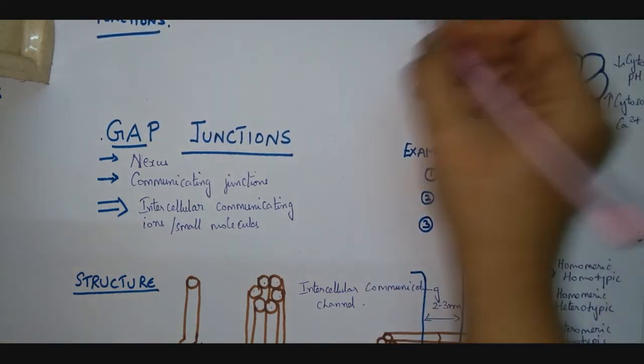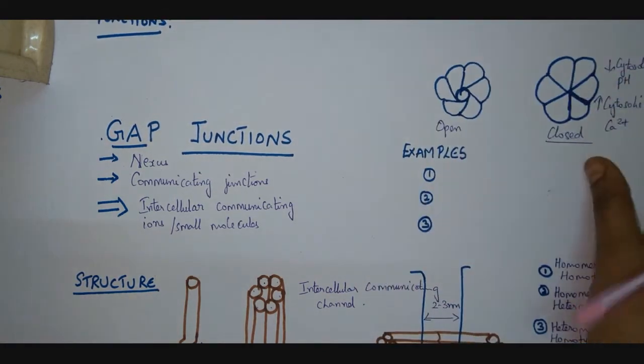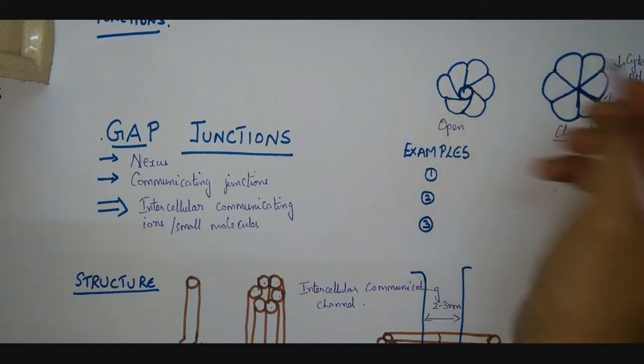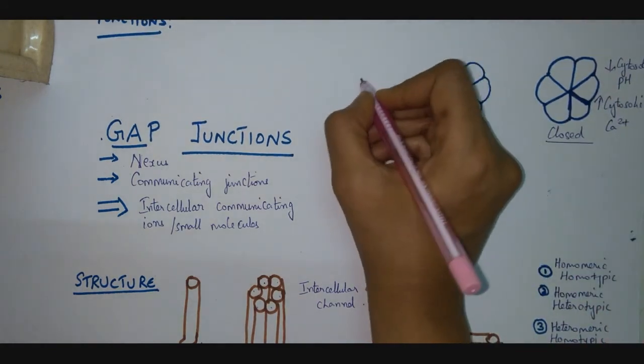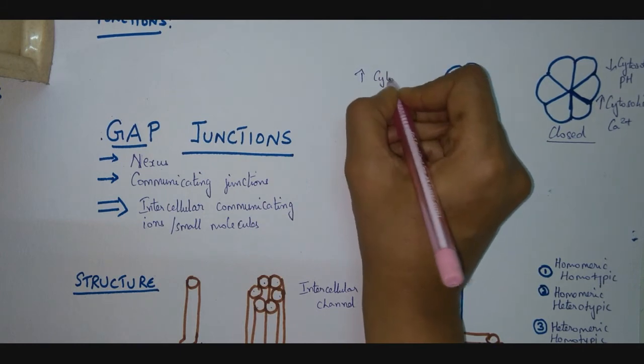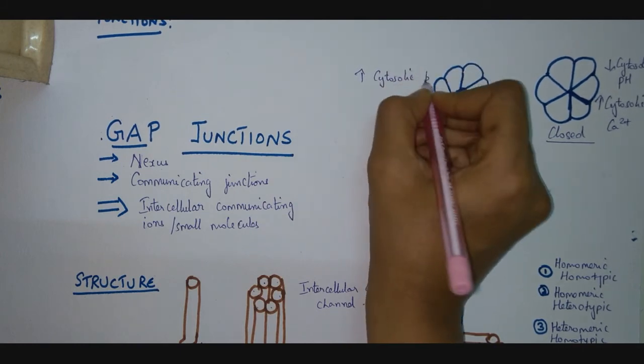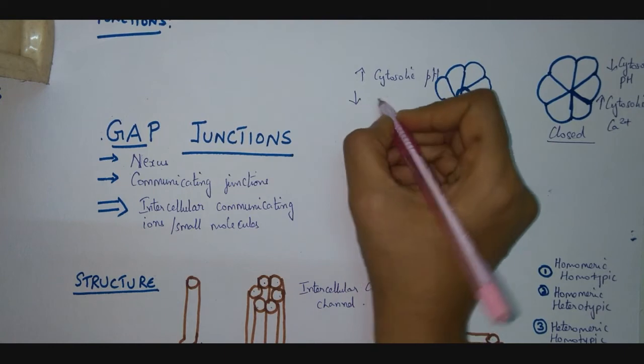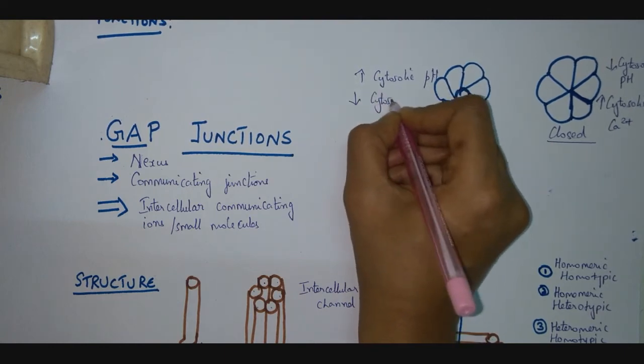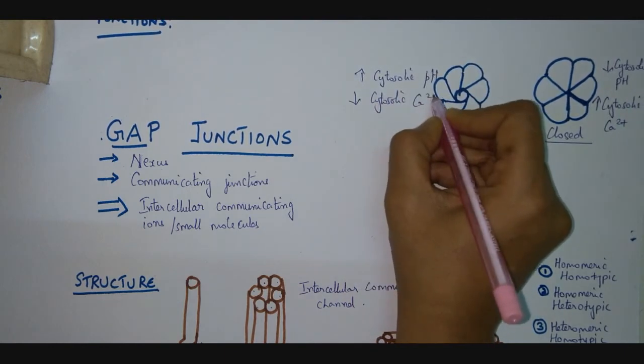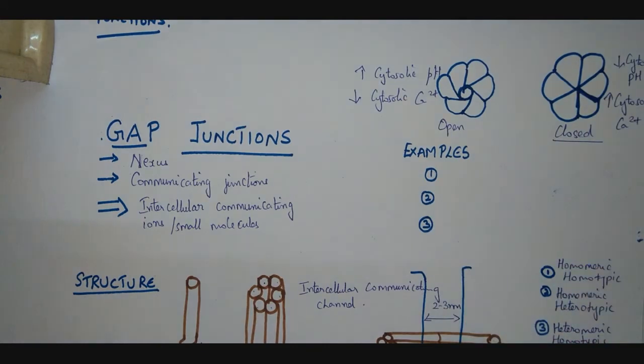The opposite holds true for the opening of the gap junction: an increase in the cytosolic pH or a decrease in the cytosolic calcium will result in the opening of the gap junction.